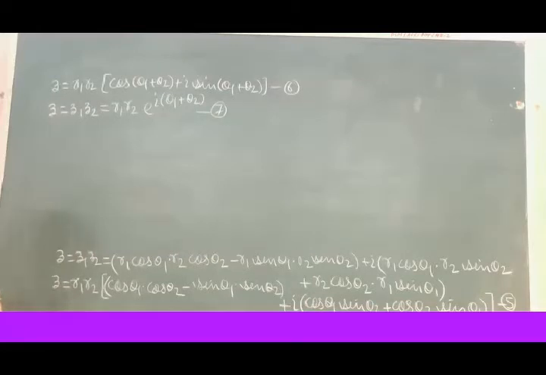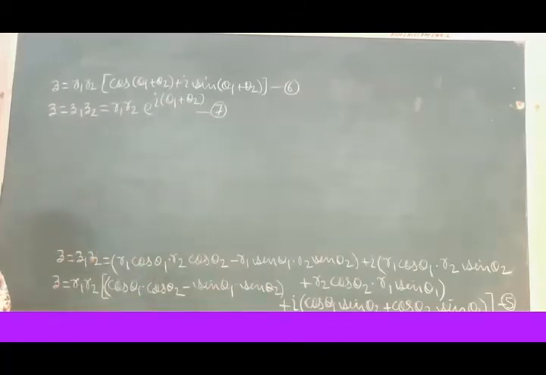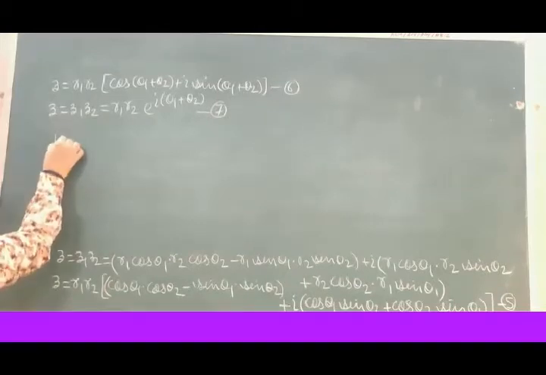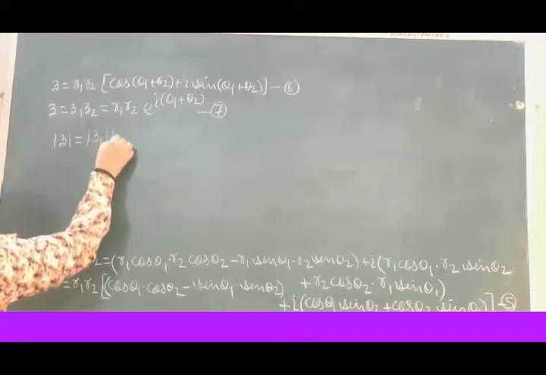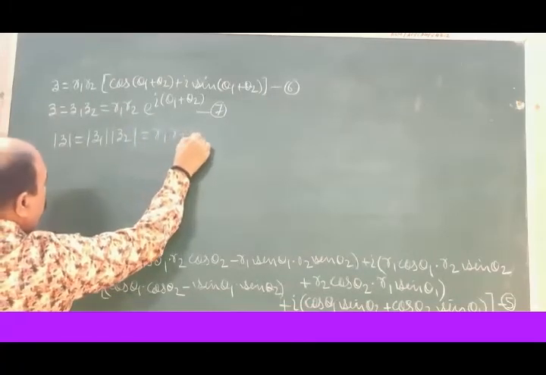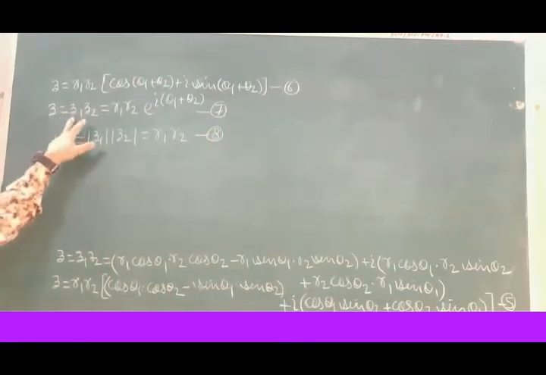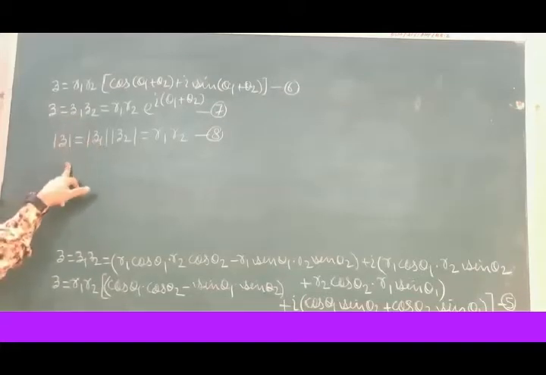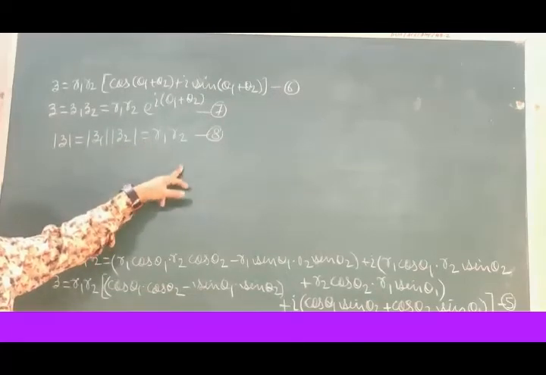Now, what is the modulus of complex number z? The modulus of complex number z, which is the product of complex numbers z1 and z2, is nothing but modulus of z1 into modulus of z2 is equal to r1 into r2.